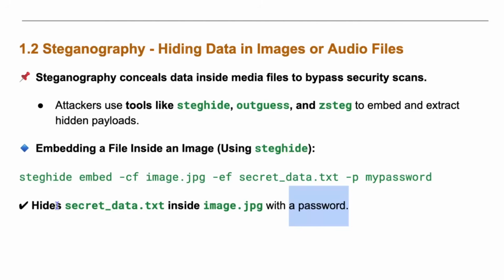You would use steghide to take the data out of it, because again, it's just an image. Just double clicking the image wouldn't automatically give somebody access to the secret data. You would have to use steghide to actually extract the data out of this specific image file, and you would be prompted with a password.